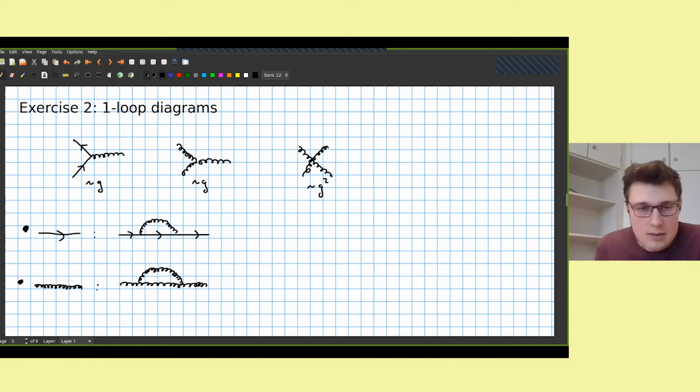In this case, this is actually equal because you get the same diagram out of both contractions.